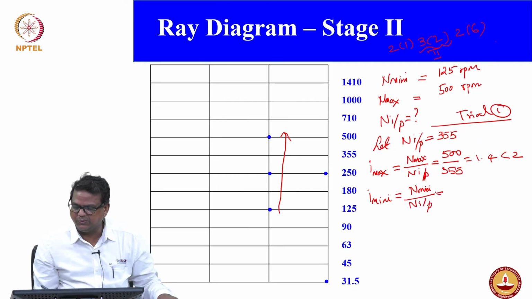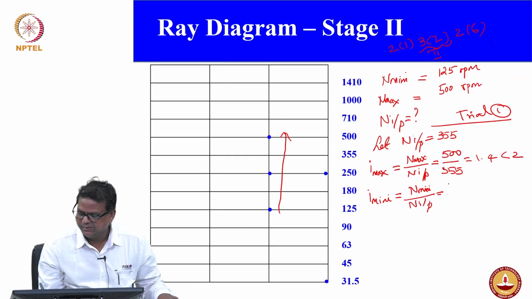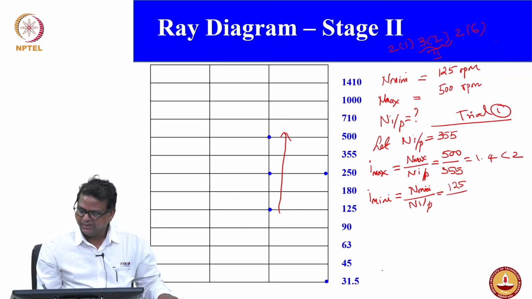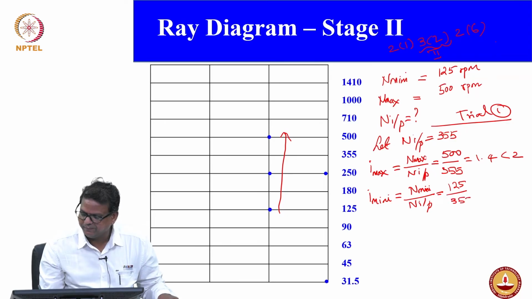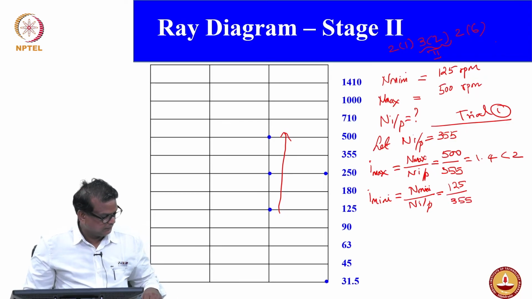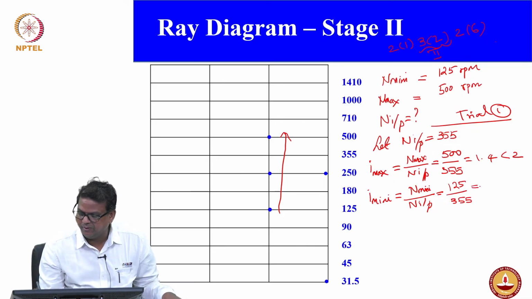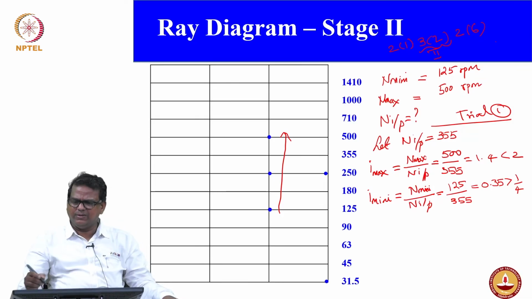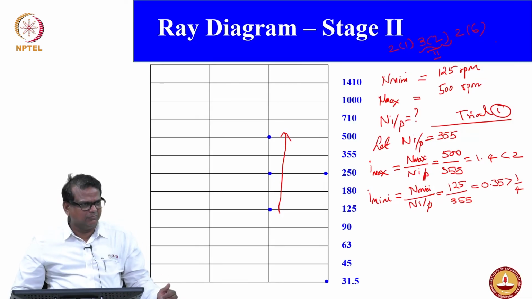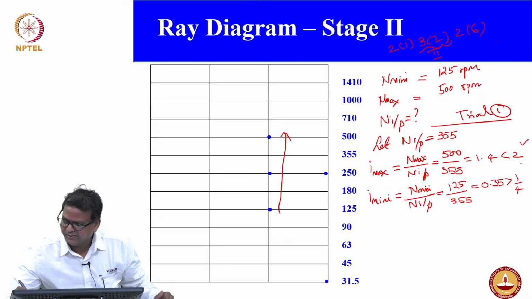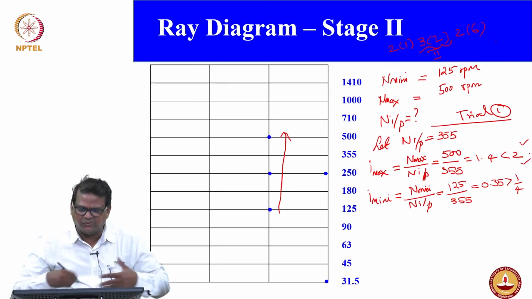The minimum is 125 rpm and this should be 355. So, it is giving you 0.35, which is greater than 1/4. Fine. So, I think both are satisfying, am I right? Both are satisfying. But we will do one more trial to understand.